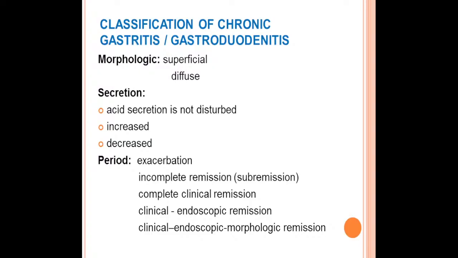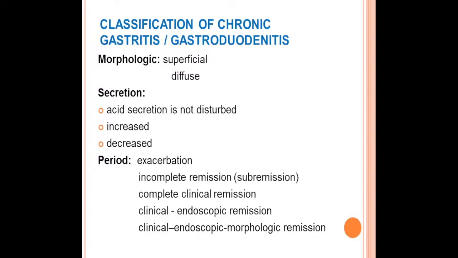Periods: any chronic disease has different periods. In chronic gastritis and gastroduodenitis, the periods are: period of exacerbation, period of incomplete remission or subremission, period of complete clinical remission, clinical endoscopic remission, and clinical endoscopic morphologic remission.